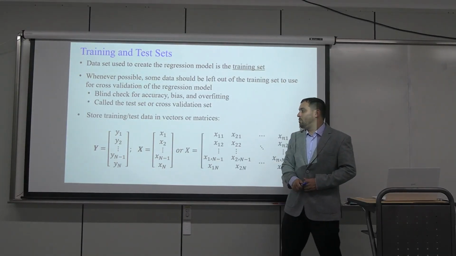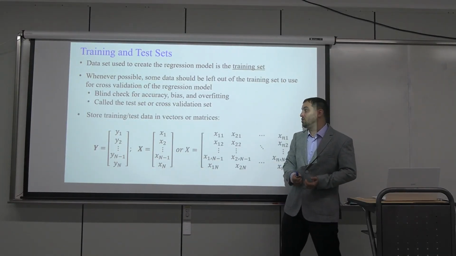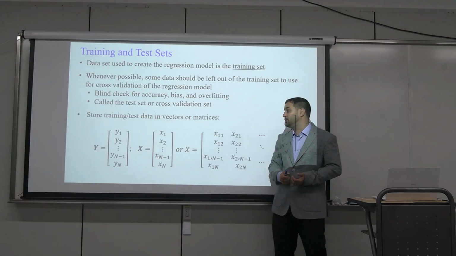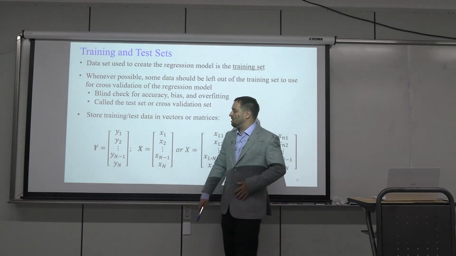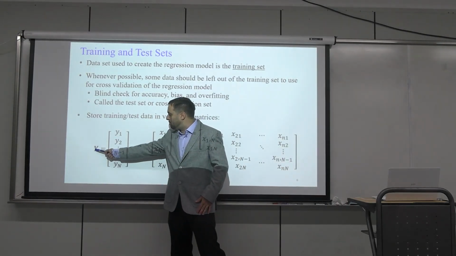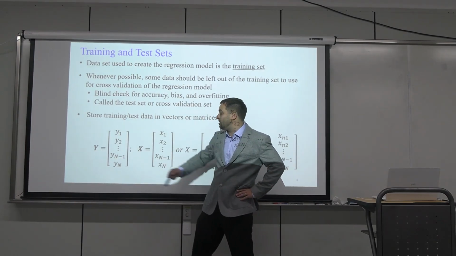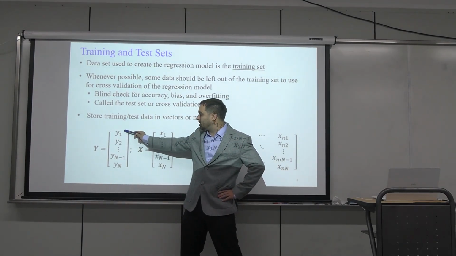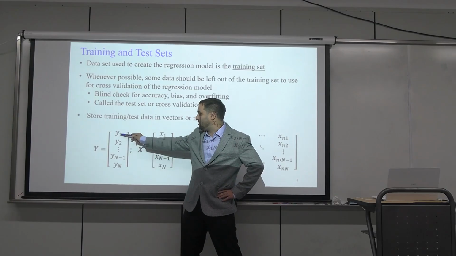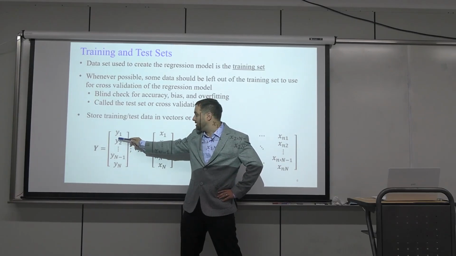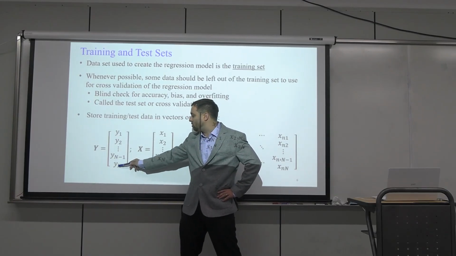But when we collect data, we usually will store these data in vectors or matrices. I'm going to use the bold capital Y as our vector. So it's going to be a column vector of our different output variable observations, y1, y2, up to yn-1, yn.